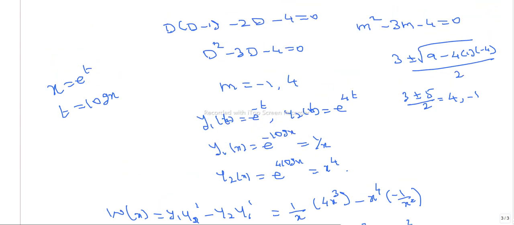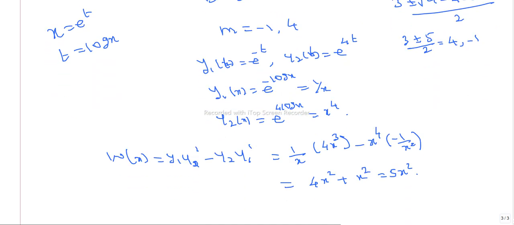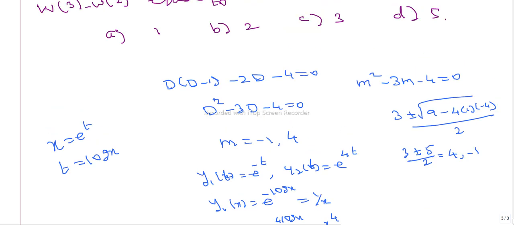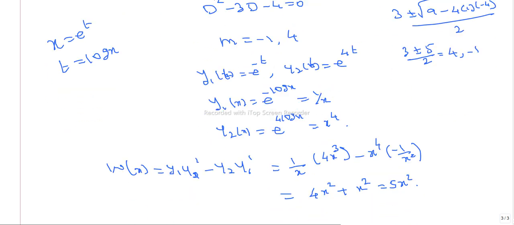Okay, the roots are 4 and minus 1. So what will we get? I think if we substitute x equal to 1, you will not get 1, right? So maybe I think they directly take y1 equal to this, y2 equal to this. What happened in this case? Maybe W of t equals, if you differentiate this, it is nothing but 4 times e power t, e power 4t, minus, and then minus e power minus t.